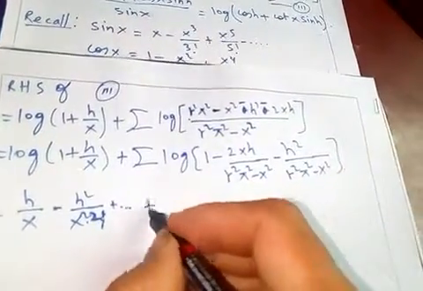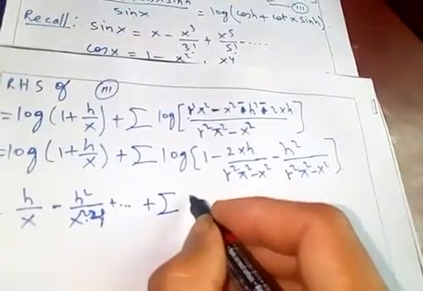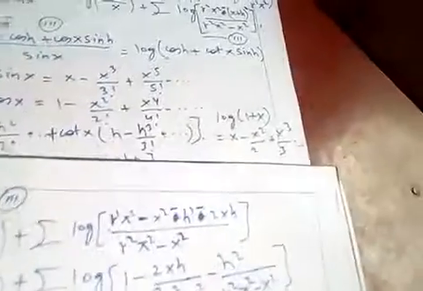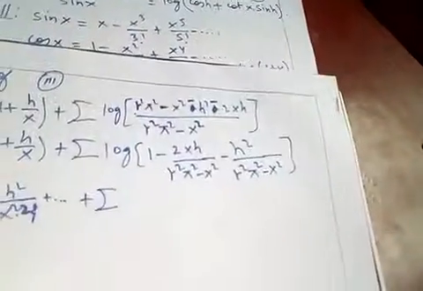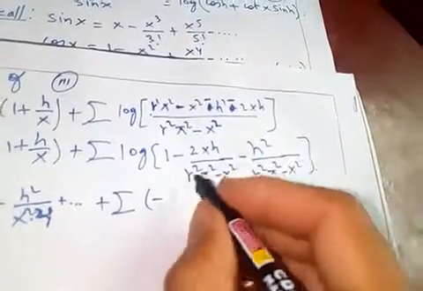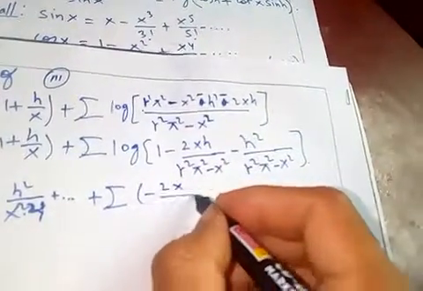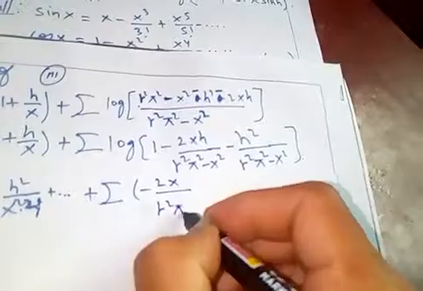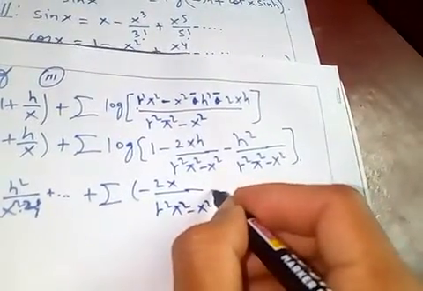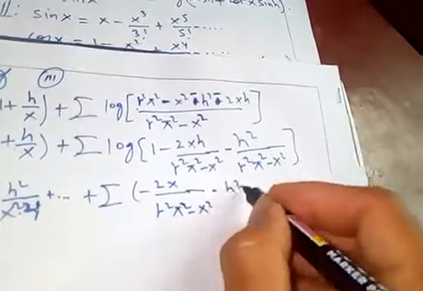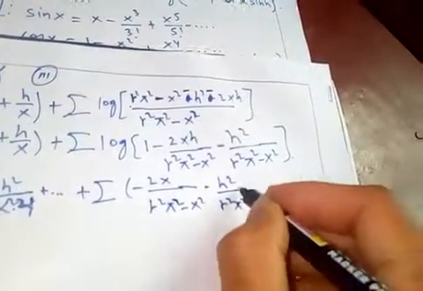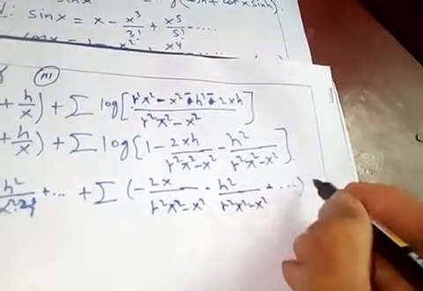Plus summation of here. If you expand here with minus, replacing x by minus, you will get minus of this one: 2x over r square pi square minus x square, minus a square over r square pi square minus x square, and so on.